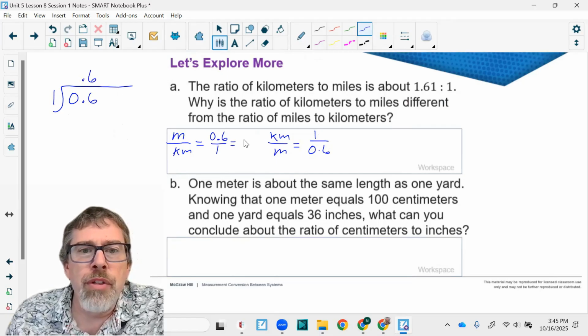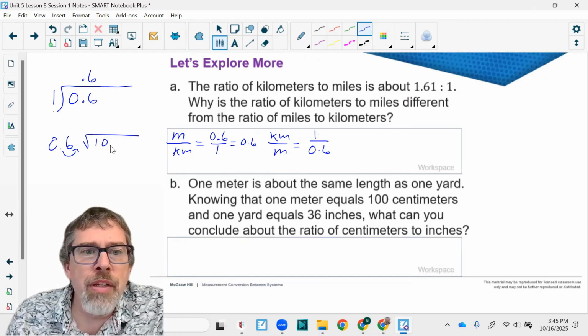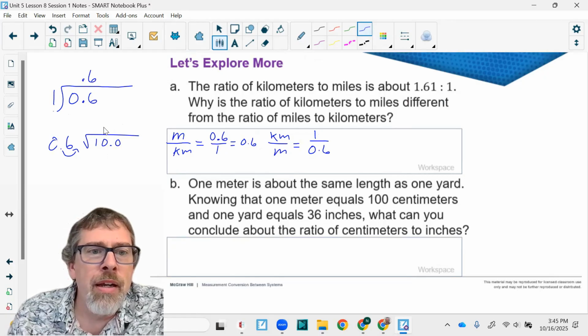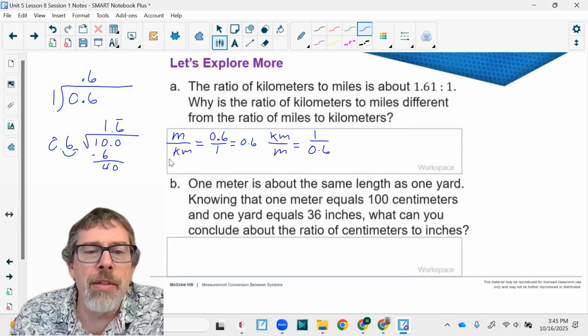So this is equivalent to 0.6, but then this one, 0.6, and if I move the decimal over to 6, now I'm moving the decimal over from 1. I'm dividing 1 by 0.6. How many times does 6 go into 10? It's 1. 1 times 6 is 6. And now I've already done this. So that's how we got our 1.6 repeating.